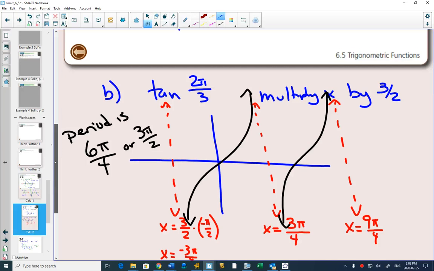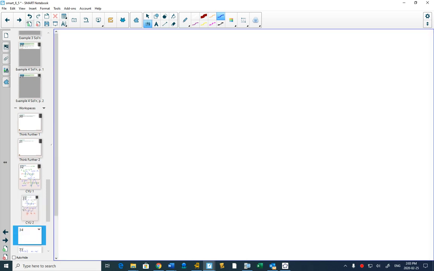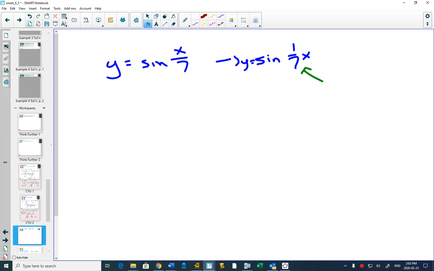And finally, the last question was sine of x over 7. This is the same as y equals sine of 1/7 x. Does it make sense that you are multiplying your x by 7?